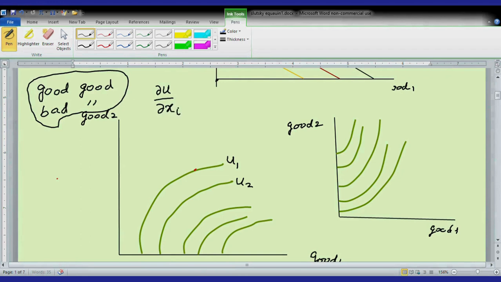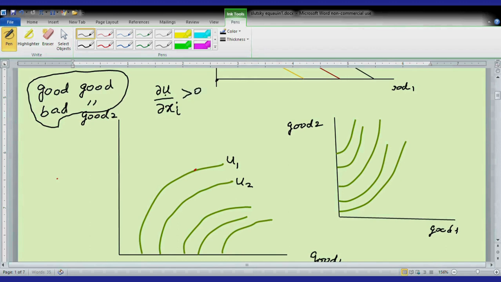So it is associated with the change in utility with respect to the change in consumption of the ith good. If this is a good, this means that an increase in consumption of this good will cause an increase in your utility, and in that case ∂u/∂xi will be greater than 0.